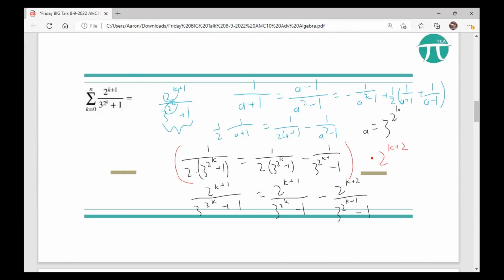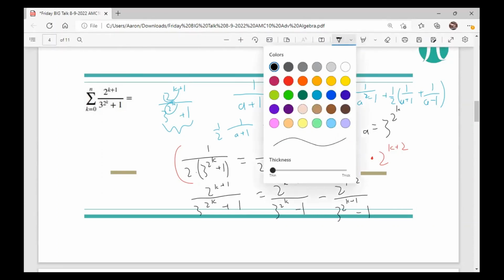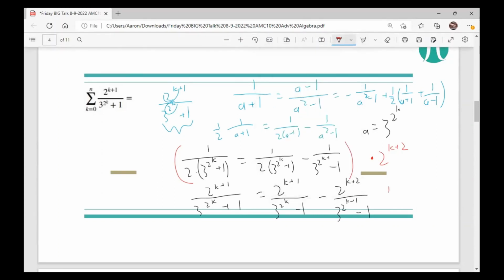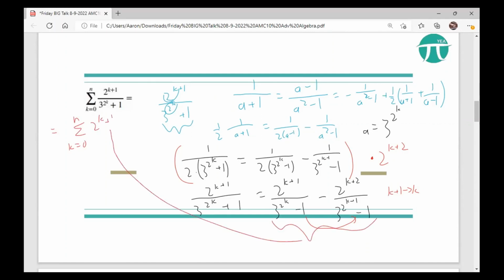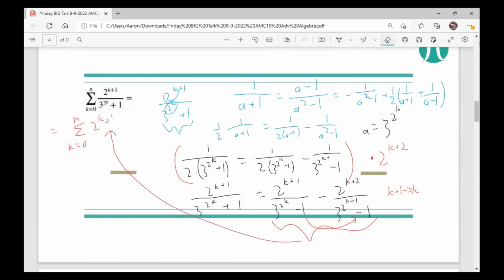And so now what we can see really clearly is that if we plug in k plus 1 into k, this goes to this. So this is equal to the sum from k equals 0 to n of 2 to the k plus this thing. I won't bother to rewrite it.